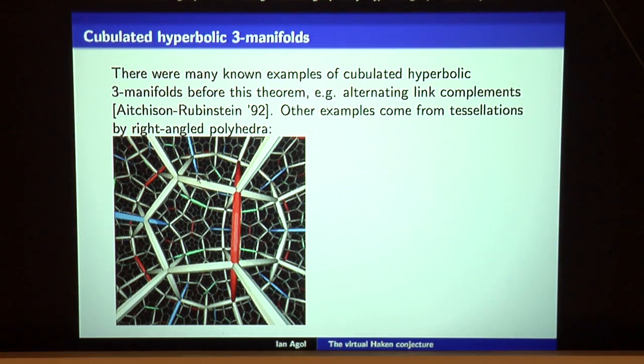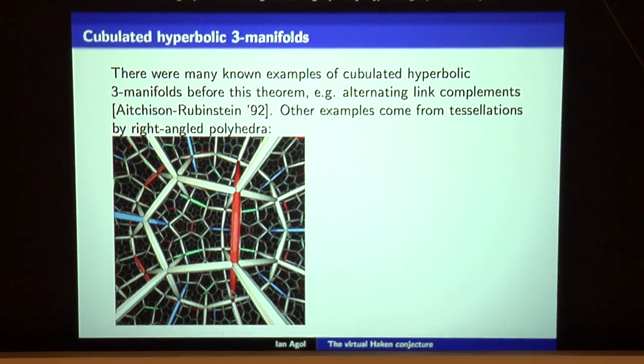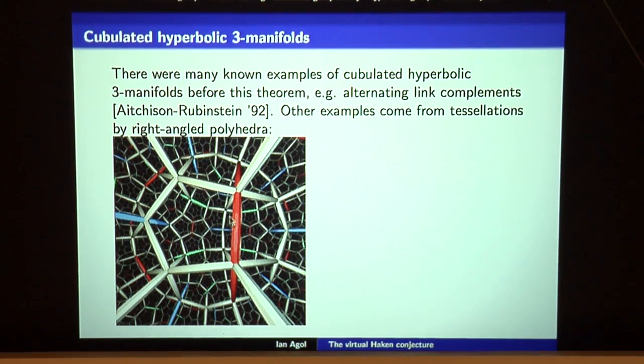Do you see this circle kind of here? There's a totally geodesic plane that goes through there, and there are all these totally geodesic planes that go through in various directions. And so the dual to that is a cube complex. So the Poincare dual around this corner here will be a cube.